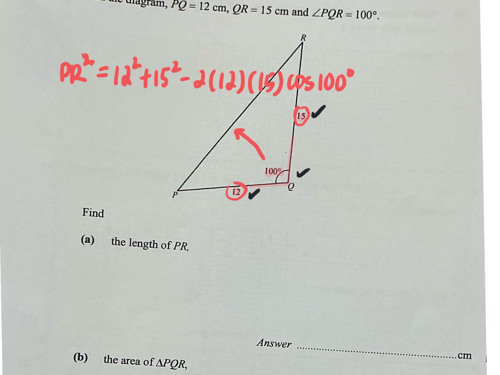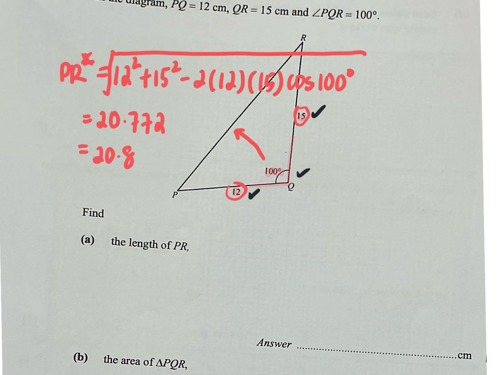If you don't want to rewrite, then you take a square root directly. Writing this formula is 2 marks, so you must write it correctly. Then your final answer is 1 mark. So the whole question is 3 marks. 20.772, so 3SF, 20.8 cm.